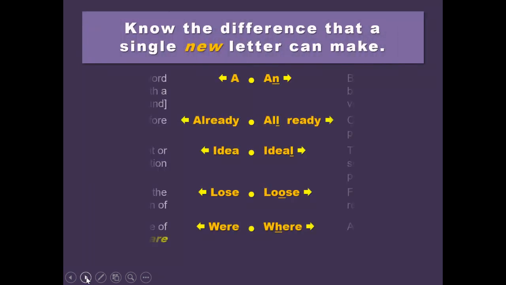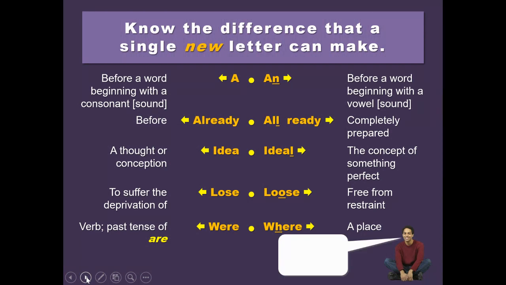All righty. This right here are some words that you need to just notice that maybe just a letter can make all the difference in the world. Okay? Here's a good one, lose and loose. They are pronounced very differently, and I think what happens is students just aren't pronouncing them correctly, and then they use them incorrectly in their writing.